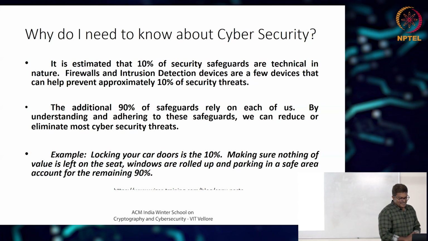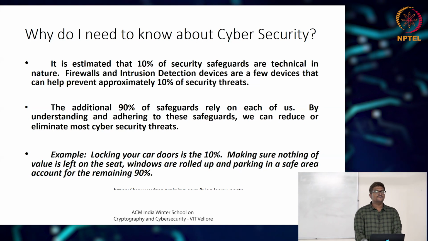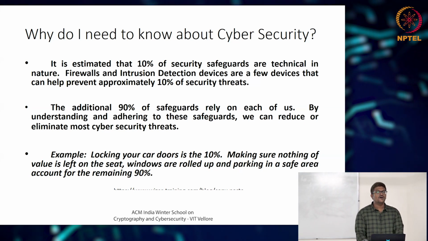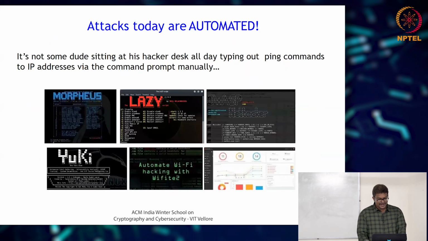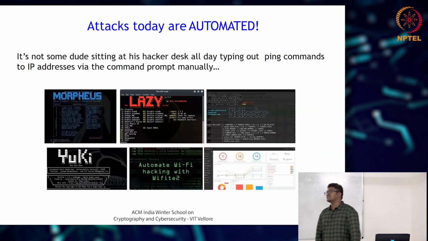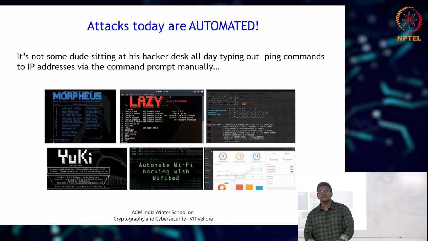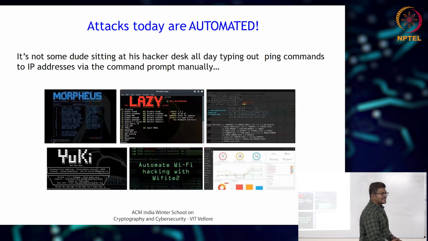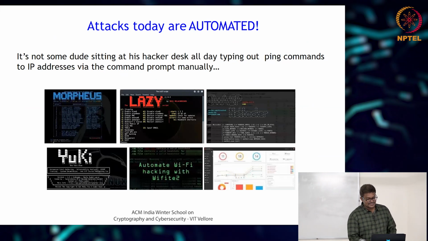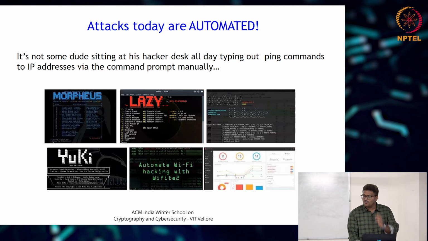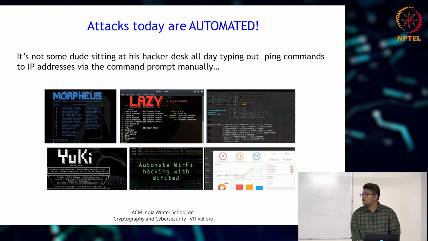So always keep this in mind: 90% of complete safety relies on us only. And just as we are automating the security systems, attacks are also automated. Attacks can also be launched as a campaign. These are all typical examples of how present-day attacks could be automated.